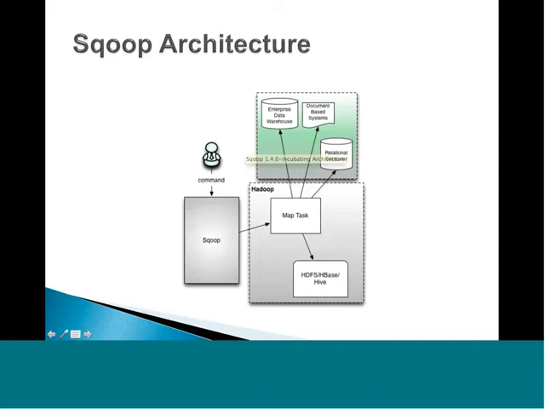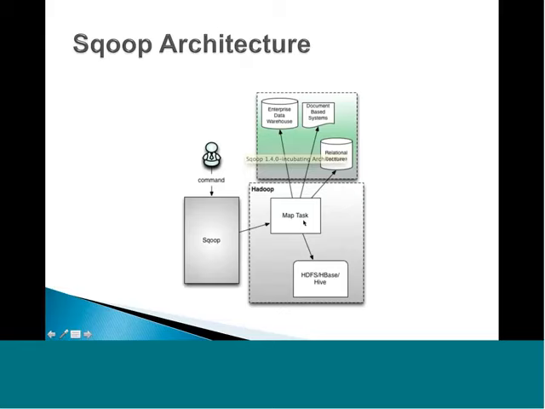So this is the sqoop architecture. Sqoop means sqoop version 1, and sqoop2 means the latest version, which is still in beta. It is primarily a command line interface, so there is not much complexity in setting up sqoop1, and it uses map tasks.